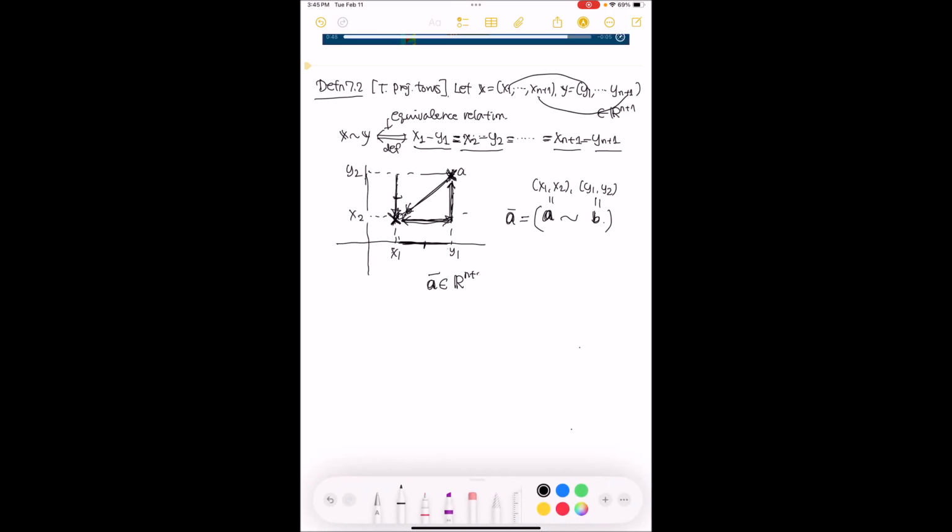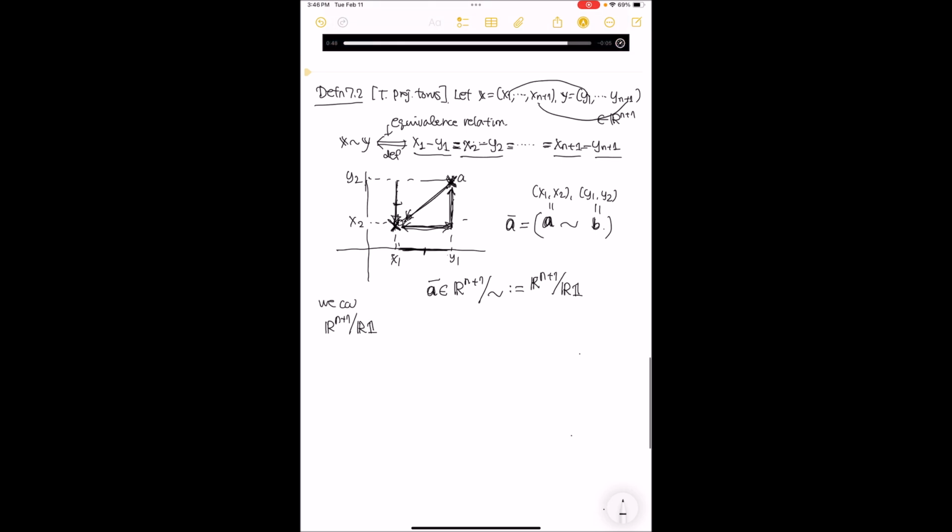And the set R^{n+1}, its equivalence class, is defined by R^{n+1}/R1, and we call that structure a tropical projective torus.